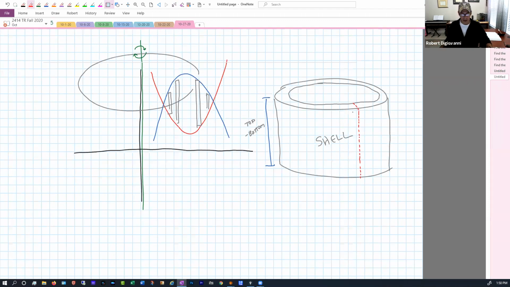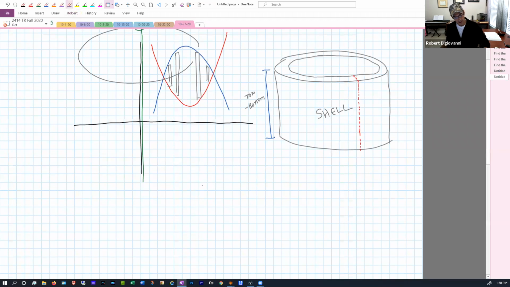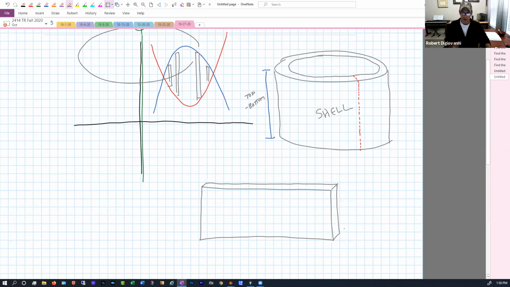Imagine me cutting that and laying it out flat. Do you all see that this would become something like this? Cut it along the red line and lay it down on a table, and you'd have that, right?